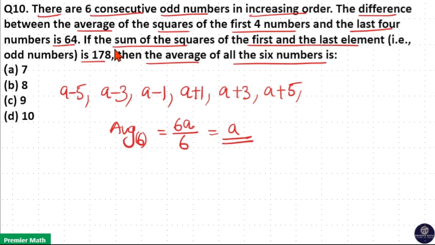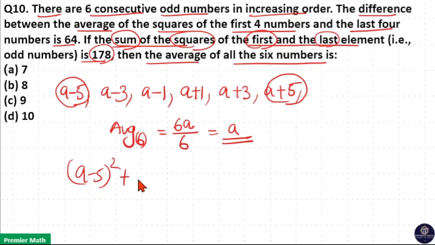And this question says the sum of the squares of the first and last element is 178. First element is a minus 5 and last element is a plus 5. So a minus 5 the whole square plus a plus 5 the whole square is equal to 178.